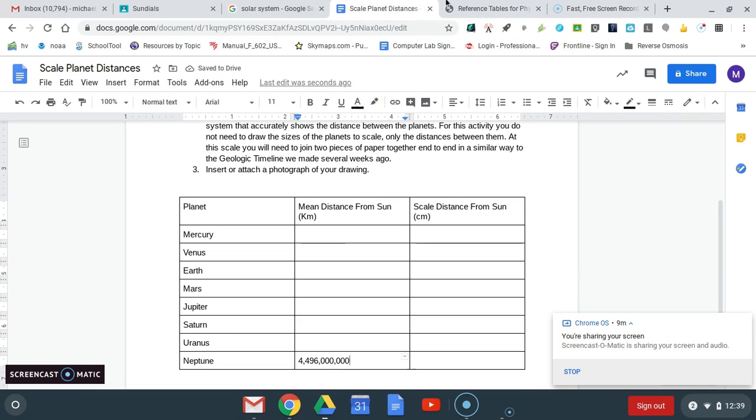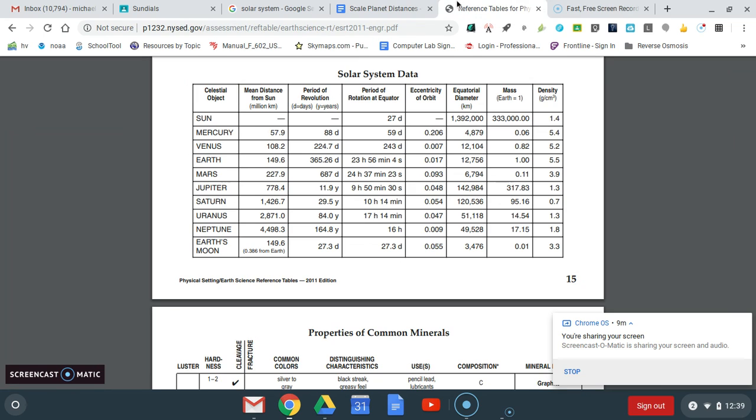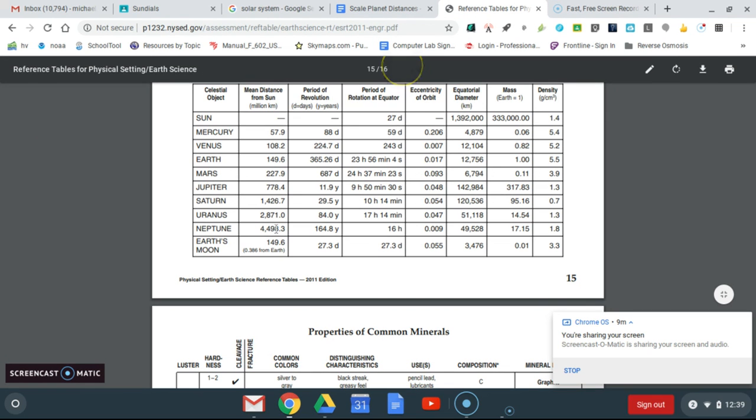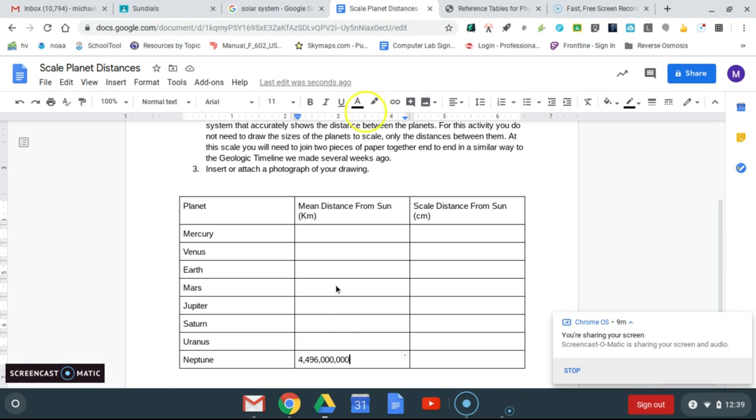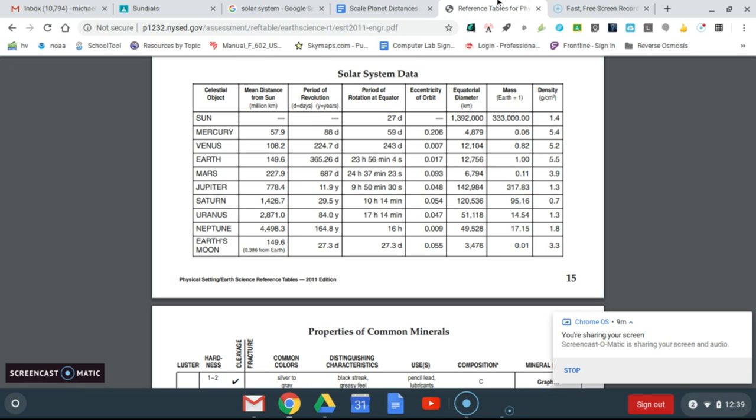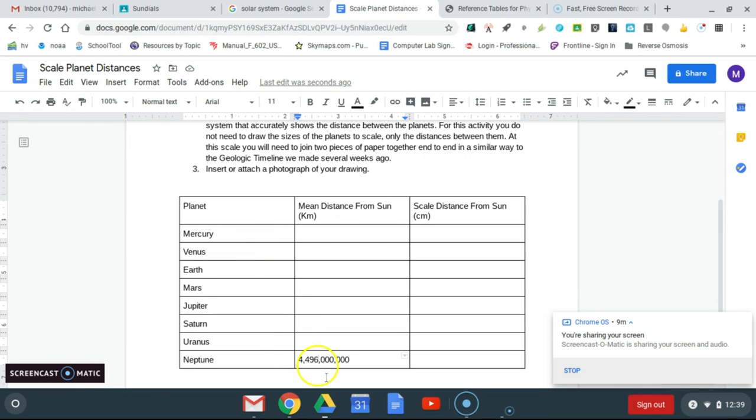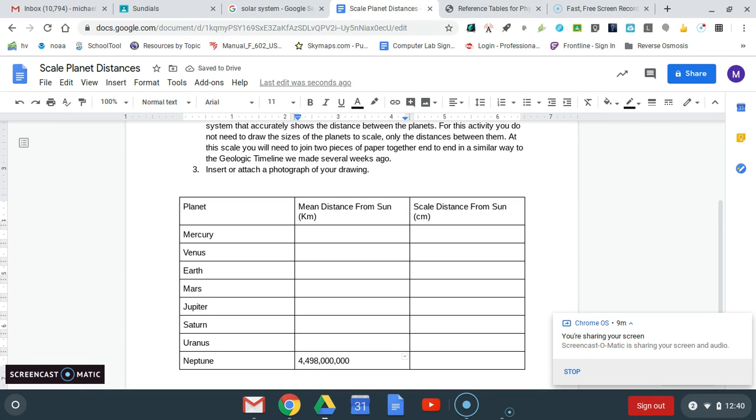I'm actually working from a different version of the reference table. Let's make sure that still matches. They have 8.3. Yeah, so we'll match it to the reference table. So I'm going to change this to an 8, and then put a 3 here. So it's the same as what you have. Okay, so anyway, that's the distance to Neptune converted into millions of kilometers.